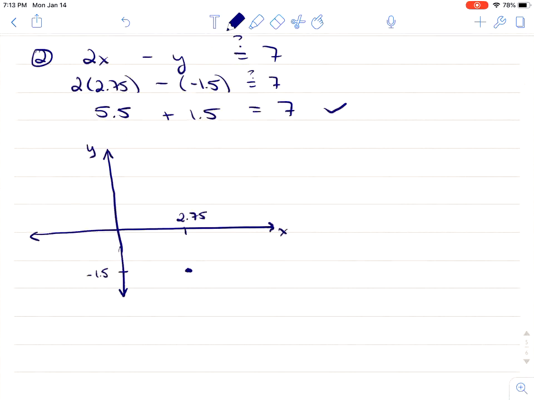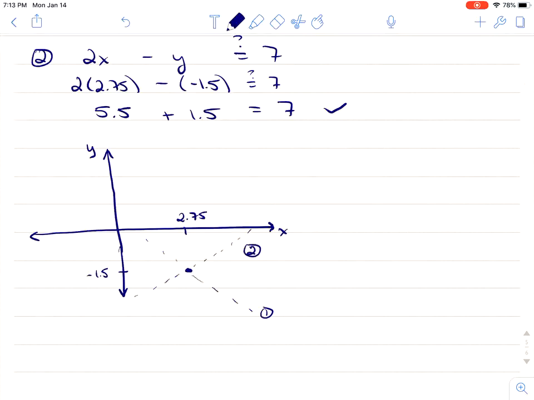This is where both of these lines intersect. So just imagine we've had, I don't know what these lines look like. Say this is equation 1 and this is equation 2. Something like that. Cool.